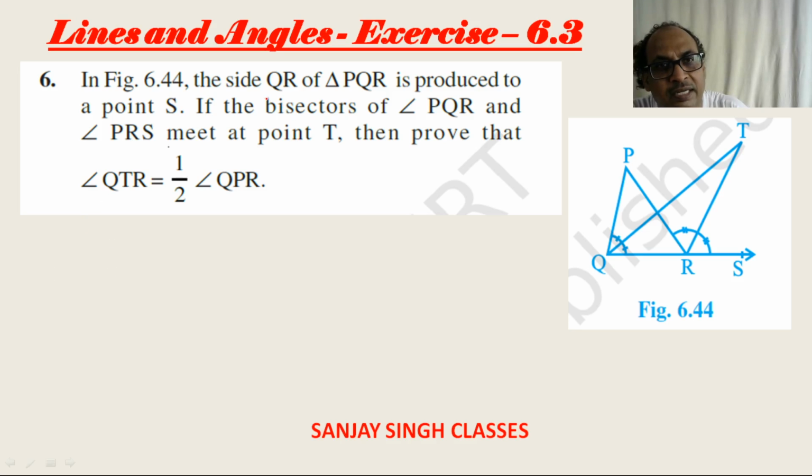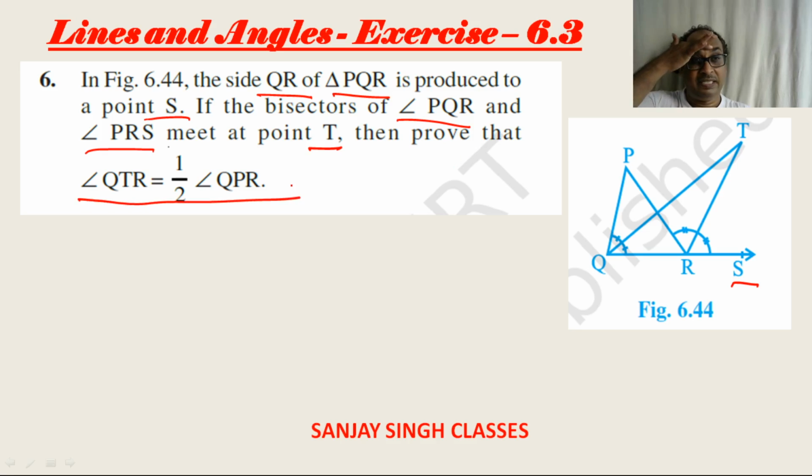We are given that side QR of a triangle PQR is produced to a point S. If the bisectors of angle PQR and angle PRS meet at point T, then prove that angle QTR is equal to half of angle QPR. So we need to find the relation between these two angles.